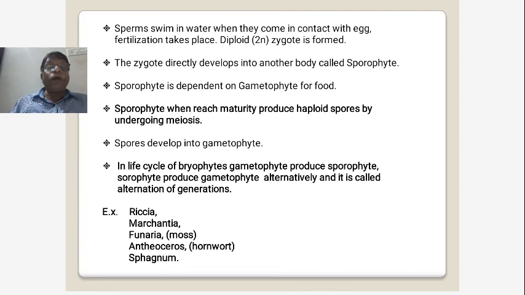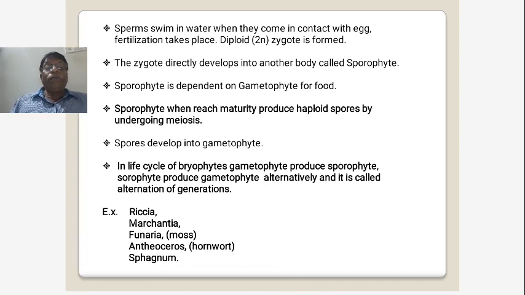So this sporophyte again produces gametophyte. And this we call alternation of generations. A very important characteristic feature of bryophytes also. Presence of alternation of generations.